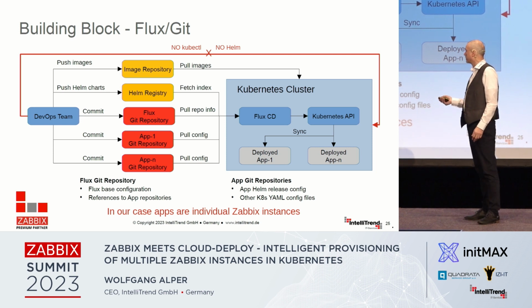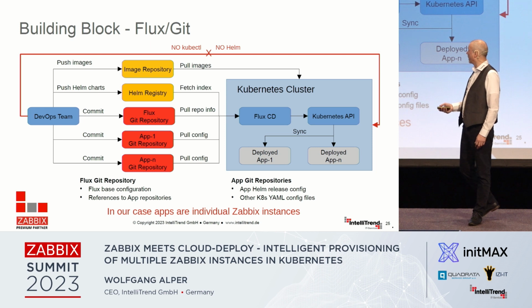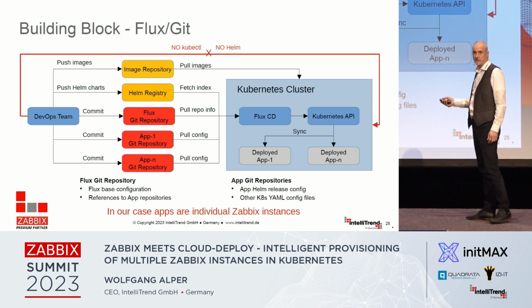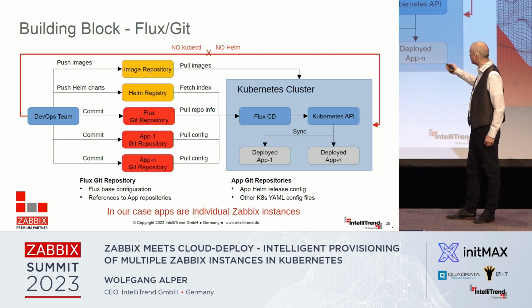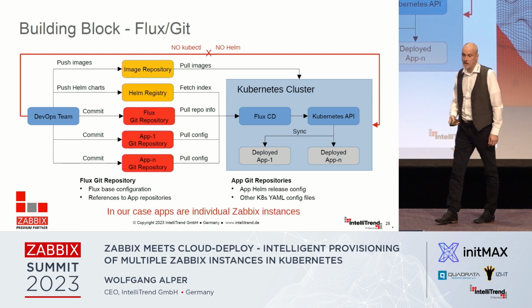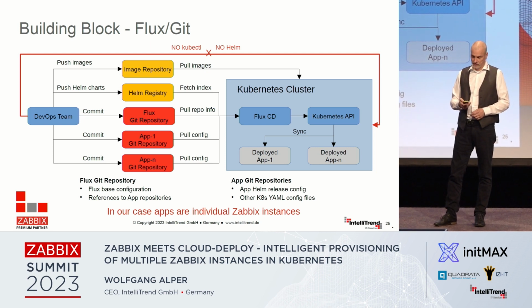Then for each application, or maybe each application deployment, that's a design decision, we have individual Git repositories. Our DevOps team makes commits to those repositories, and then Flux picks up the information from the Git repository and executes the necessary steps in our cluster via the Kubernetes API. If all things work well, the application gets deployed in Kubernetes.